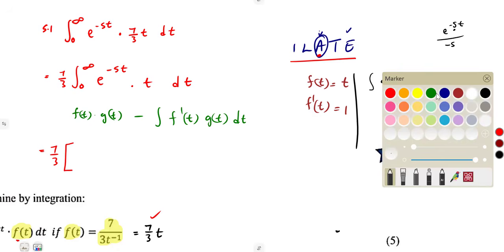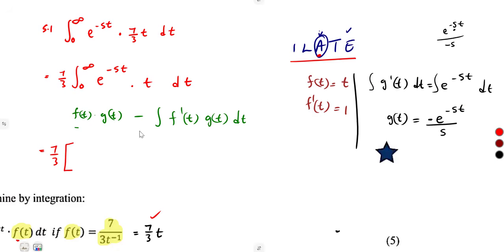So this is what you're going to have, and simply substituting into the formula, f of t is t. Then we multiply by our g of t, negative e to the exponent of minus st over s.